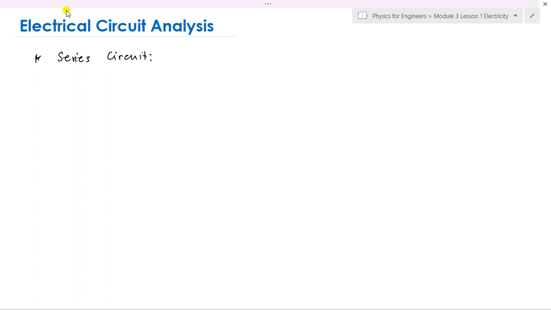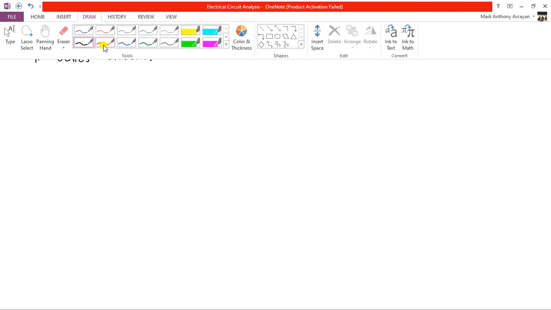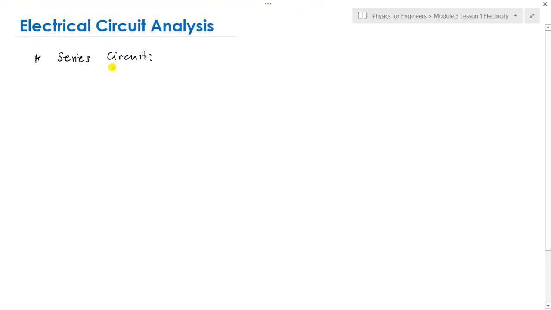So let's start with the series circuit. The arrangement or format is this one. For a series circuit, we have a power source, then resistor, then resistor 3, and so on and so forth.